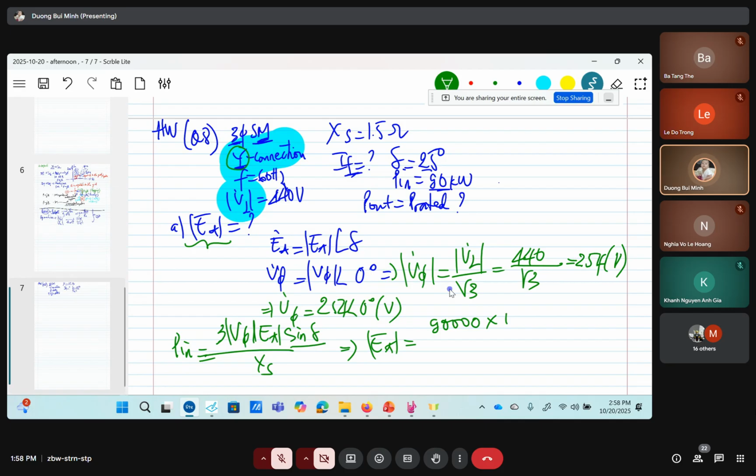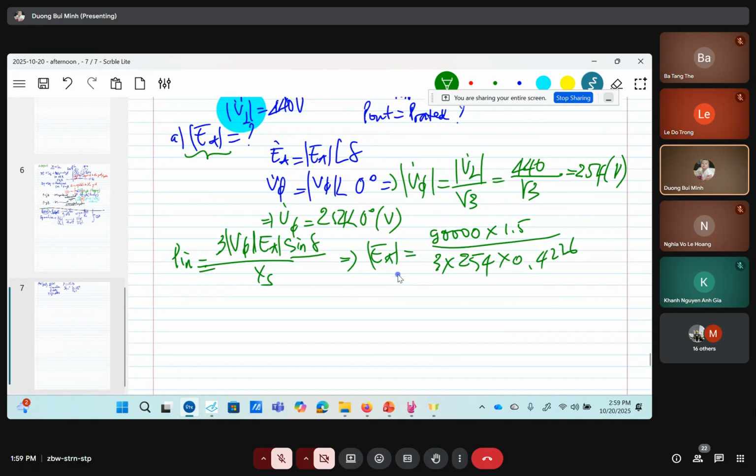XS is 1.5, over 3 times V phase 254, divided by sine delta. Delta is 25, so sine 25 is 0.4226.